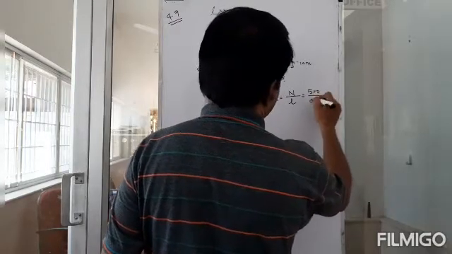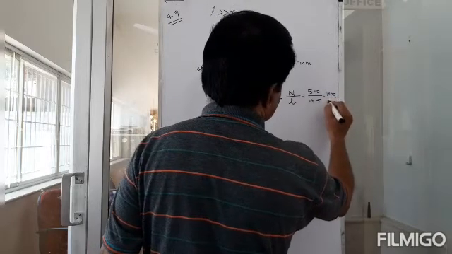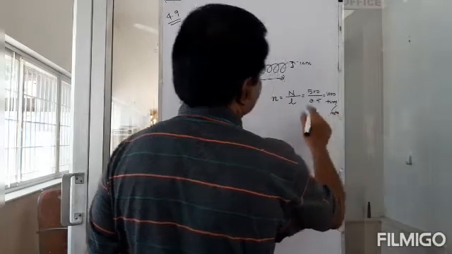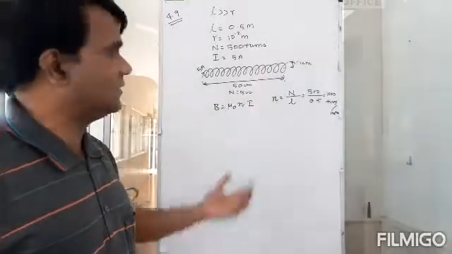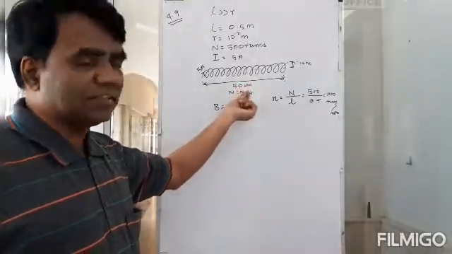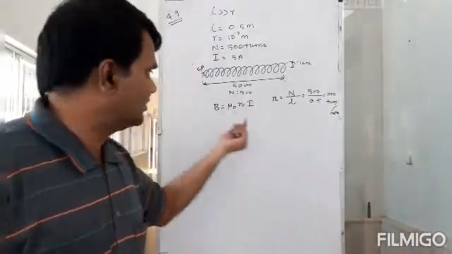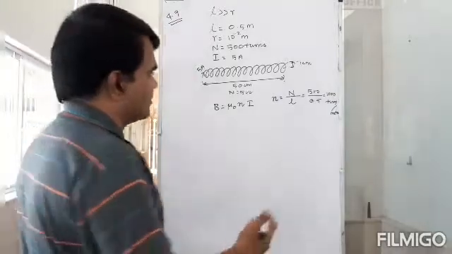So this will give you 1000 turns per meter. So that small n is 1000, because you can clearly see that for half a meter you have 500. So for 1 meter you would have had 1000 turns, right? So that is what you need. So n is equal to 1000 turns per meter.